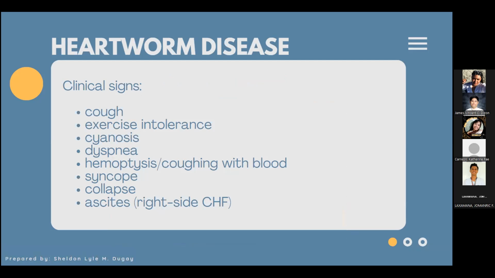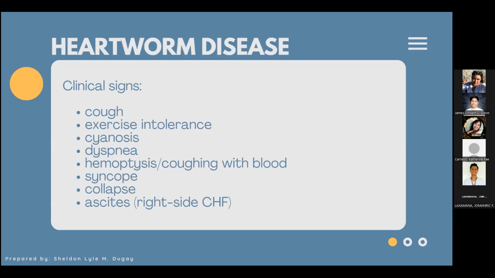Tapos, cyanosis naman, pagiging blue or parang bluish yung skin, kasi nagkakaroon ng decreased supply ng oxygen sa mga different areas ng body. So nagkakaroon ng ganon kasi obstructed din yung heart. Kasi may mga worms sa heart niya. So nahirapan din huminga.